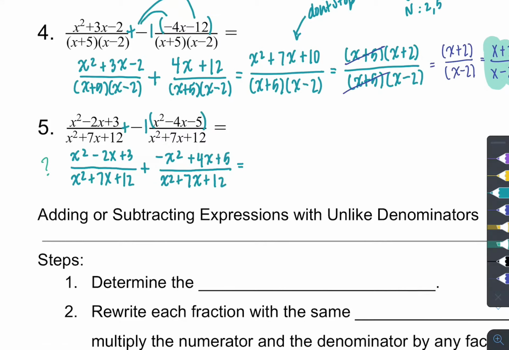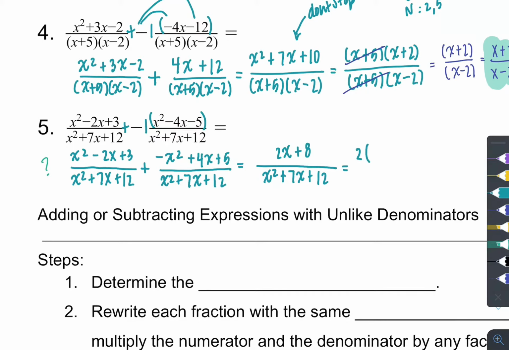Add straight across, we get x squared minus x squared is 0 plus a positive 2x plus 8. You can just ignore that 0. You don't have to write it if you do not want to. And that is over x squared plus 7x plus 12. We want to factor, so the numerator we're factoring by pulling out the GCF, the denominator we're factoring by PSN.